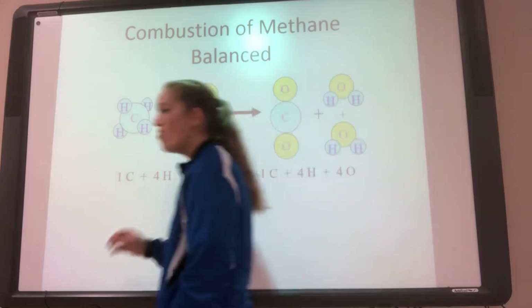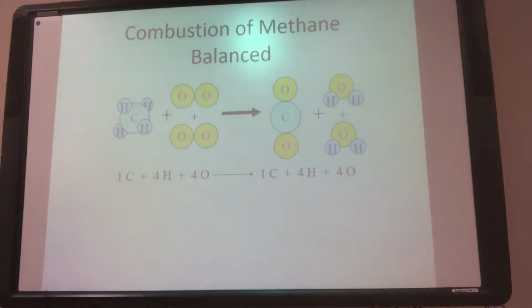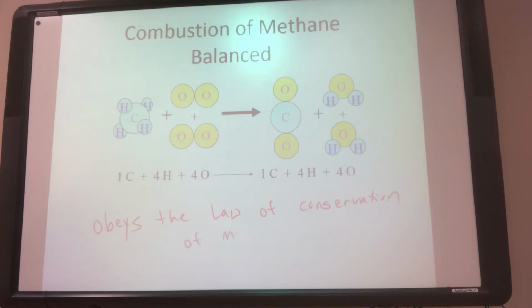This is the only way I can have a balanced chemical equation. Otherwise, it's not going to be correct. Because remember, I have to obey the law of conservation of mass, and this obeys it because it is balanced.